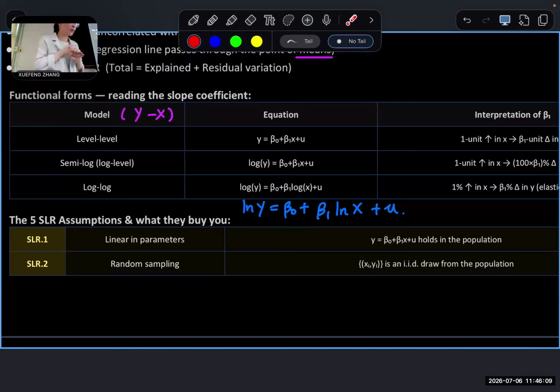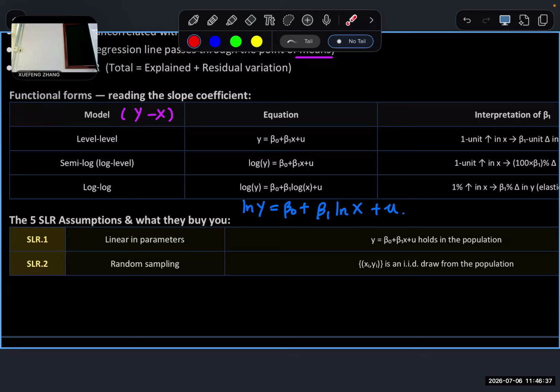Here I want to emphasize X and Y are your data. You barely use your original data to run the regression because it fluctuates a lot. It has a trend, right? So for the transformation, the first one, we can use the natural log transformation. This can reduce the variation of your data, okay?